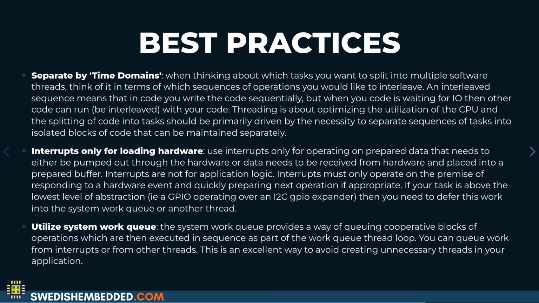So you can push things there from anywhere in your application, and you can also push delayed items that will execute after a certain delay, which gives a very efficient way of implementing, for example, time delays without having an extra thread that needs to execute some kind of wait operation. So the system work queue is really a powerful concept that is provided by the Zephyr RTOS, among other RTOSes as well. And it's something that you should be aware of and use as much as possible.